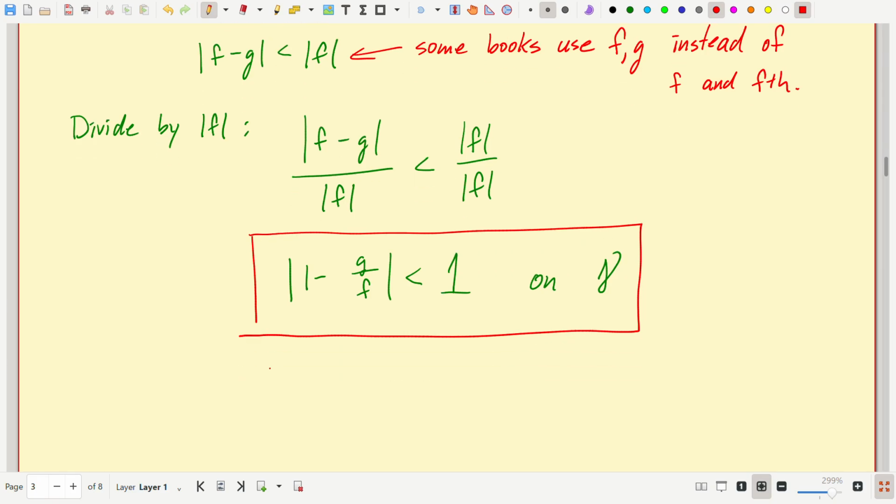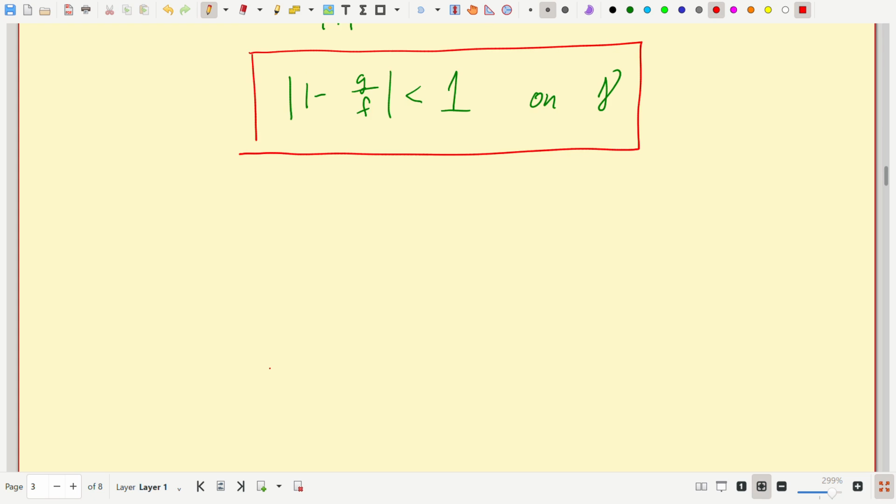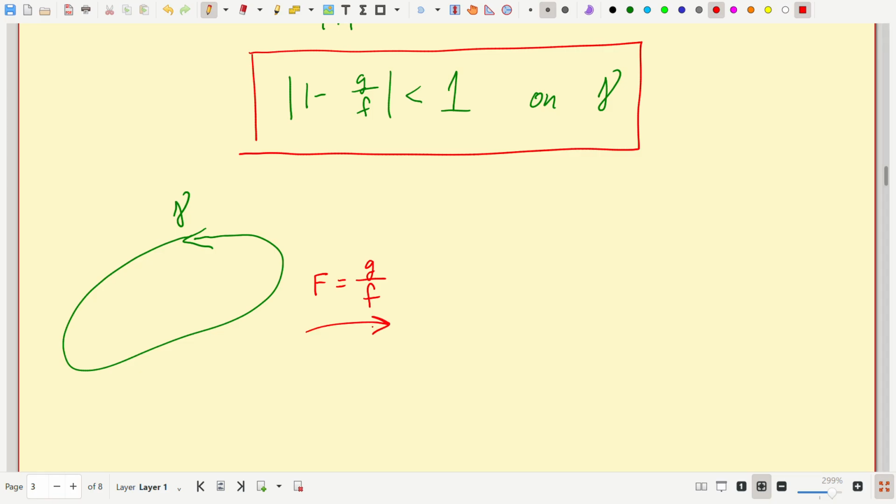That's kind of interesting. So let me draw my picture here. I've got a gamma curve. And I'll write capital F equals G over F. Capital F takes that green curve and sends it to something that satisfies that inequality.